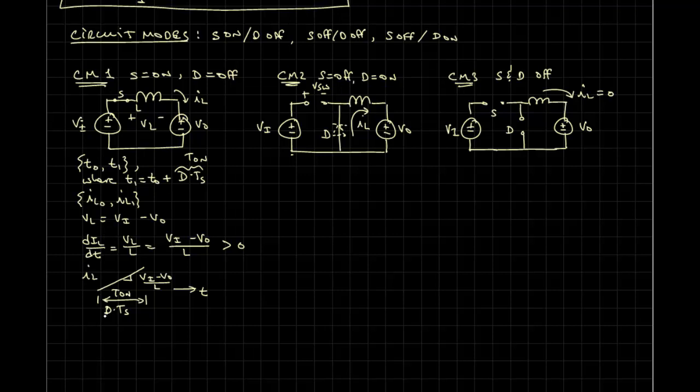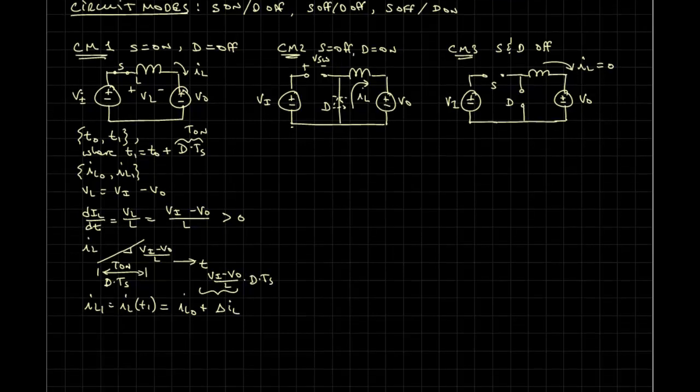And what we can write is that IL1, which is really IL at t1, is equal to IL0 plus delta IL, where delta IL is going to be equal to VI minus VO all divided by L times D times TS.